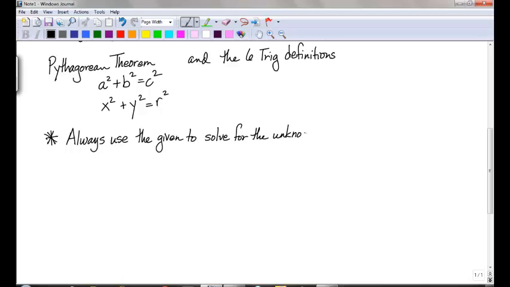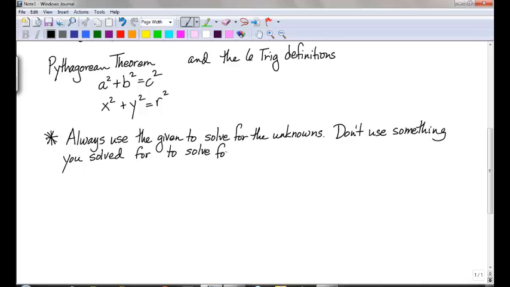Always use the given to solve for the unknowns. Don't use something you solve for to solve for something else.